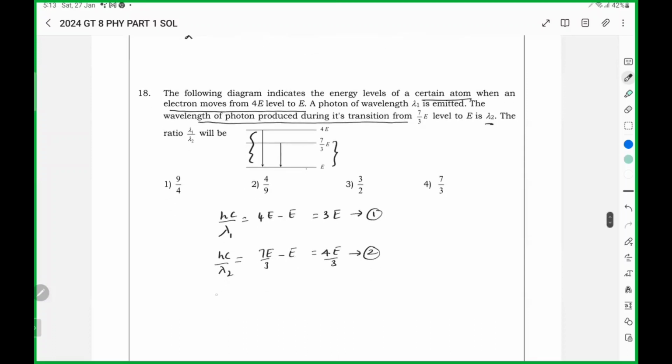Now divide one with the other, hc by lambda 1 into lambda 2 by hc, which is 3e by 4e by 3. So lambda 2 by lambda 1 is 9 by 4, which is 4 by 9.